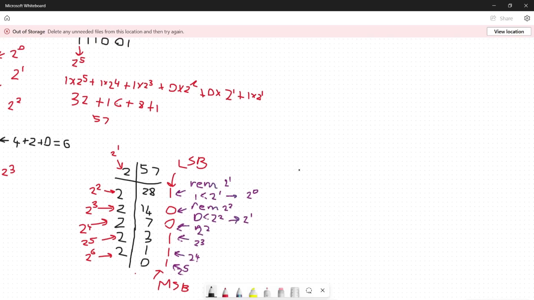But now, what happens if we get a number that isn't whole? What happens if we get 0.33, let's say? Well, let's take a look at this number.